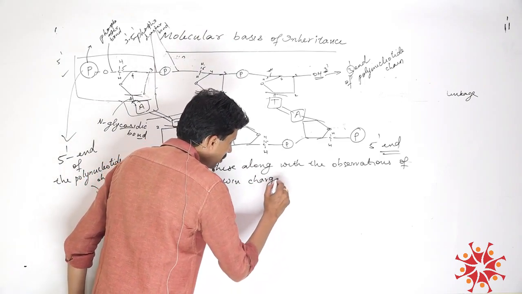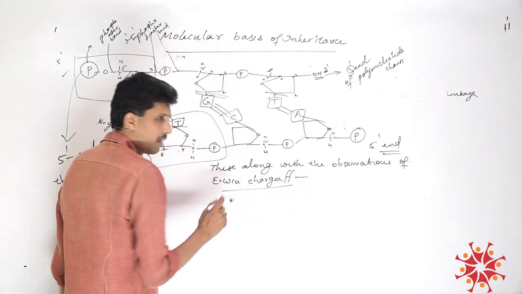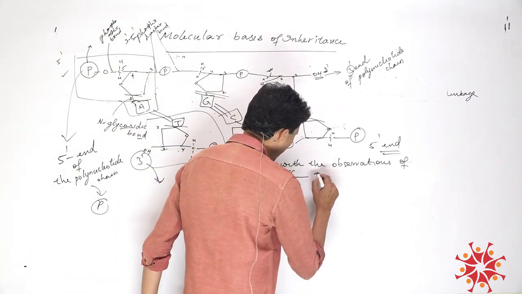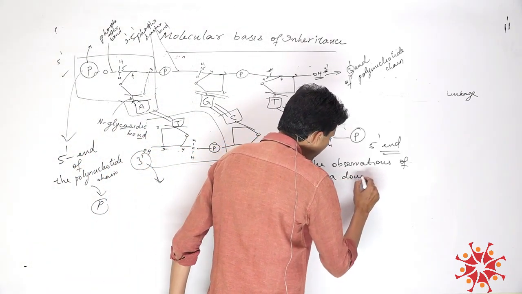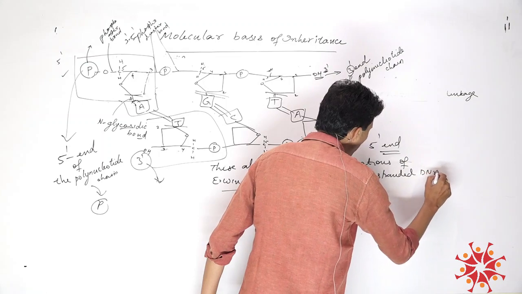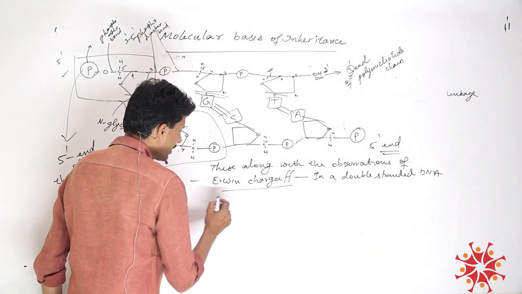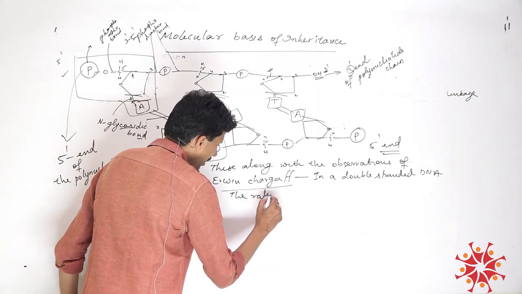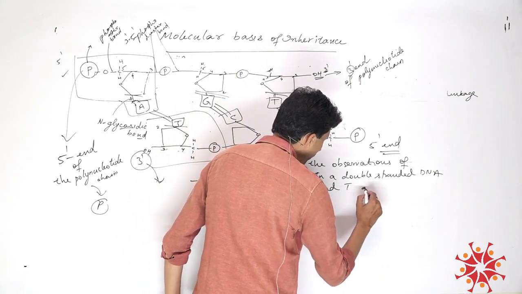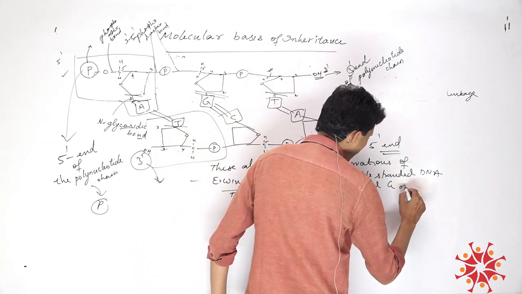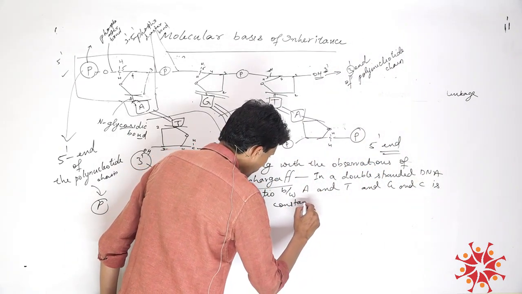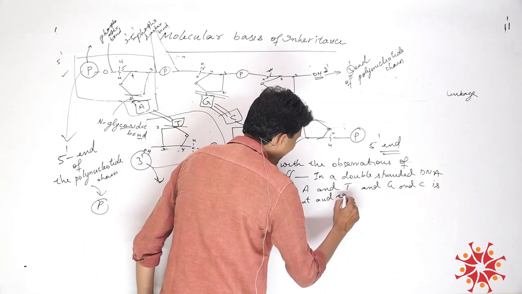There was this person called Erwin Chargaff, who observed that in a double-stranded DNA, the ratio between adenine and thymine, and guanine and cytosine, is constant and equal.